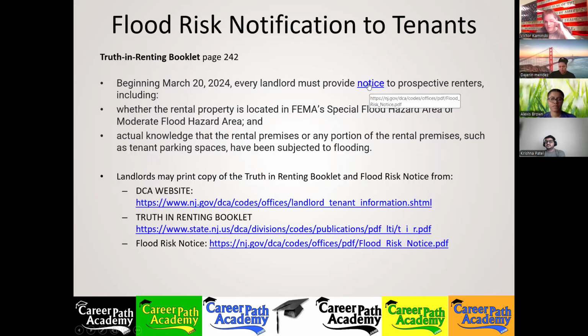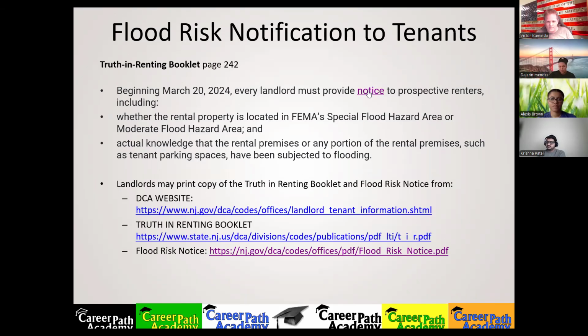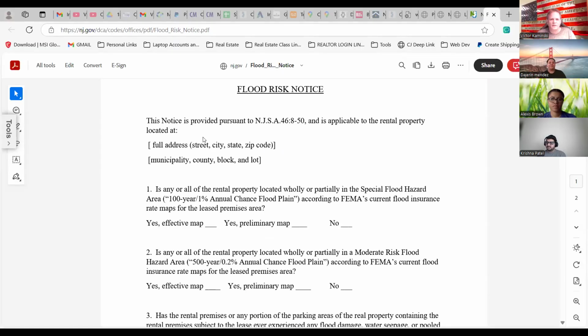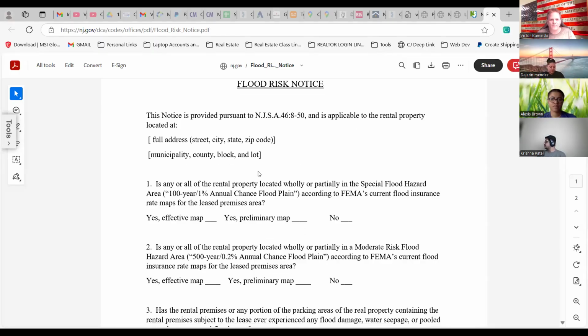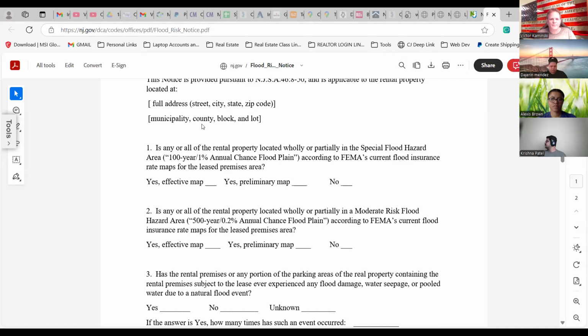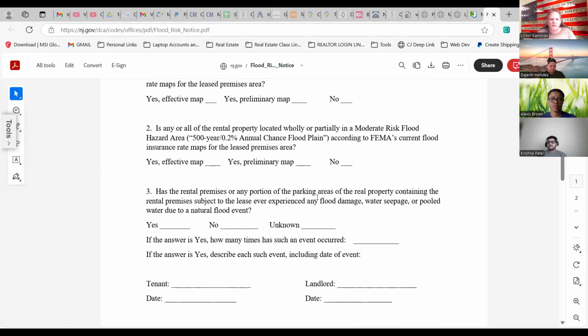Okay, so I've got a link here to that notice. This is the notice here. It's just the notice provided on the rental property, with the address of it, municipality, county, lot and block number. Is any or all of the property located wholly or partially in a flood area, a 100-year floodplain zone?